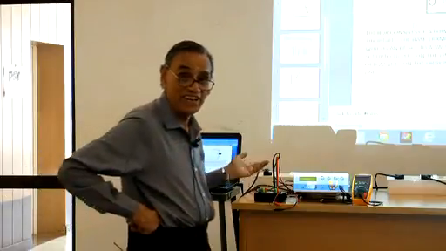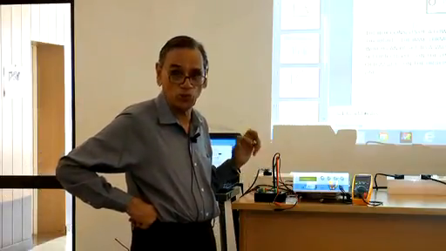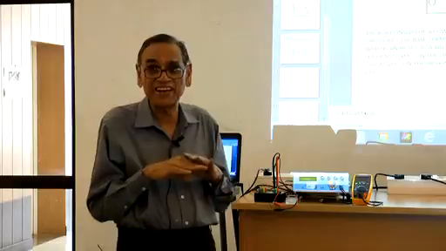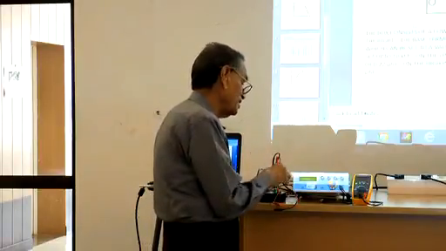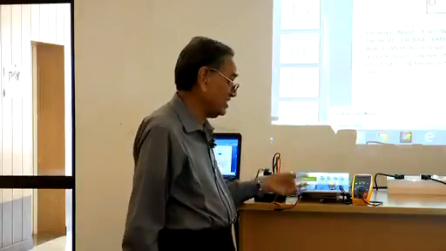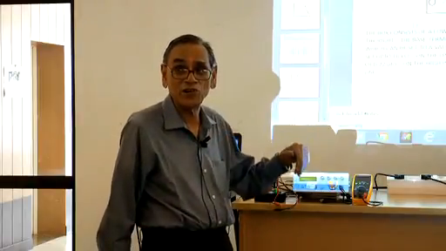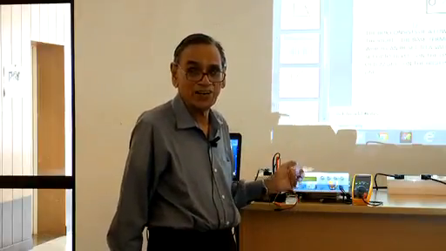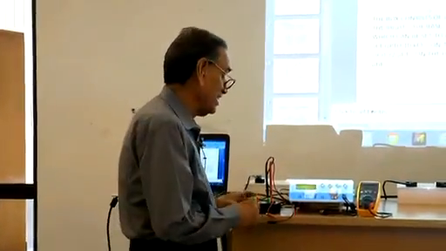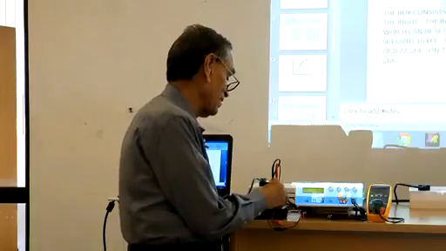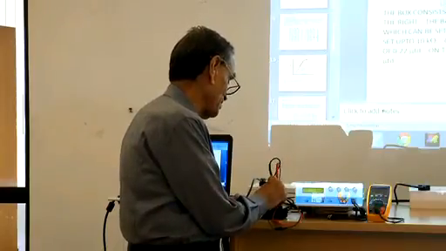But here we are taking ratios of two values, so this error does not matter. So as the frequency is increased, the ratio comes down, and you can find out the role-off frequency when the transmission is 0.707.